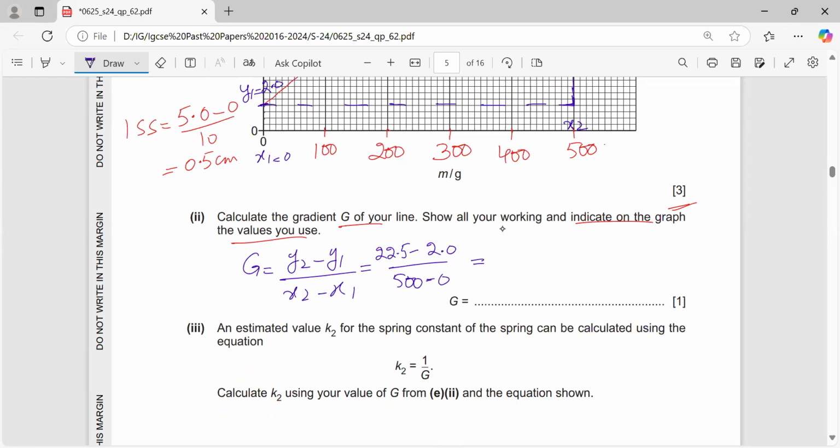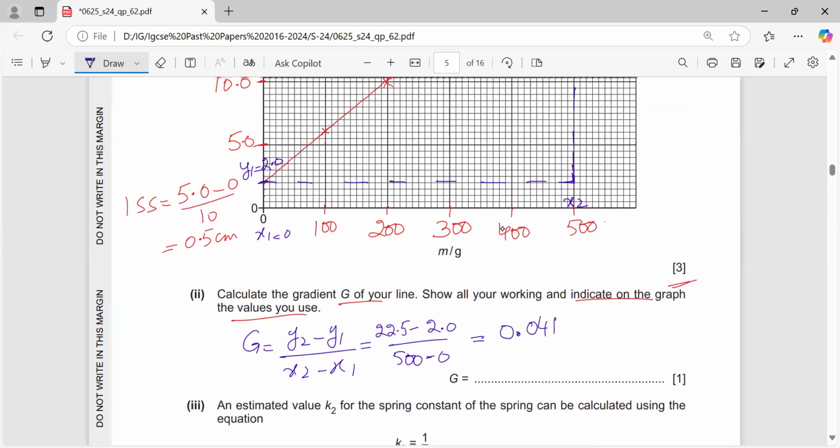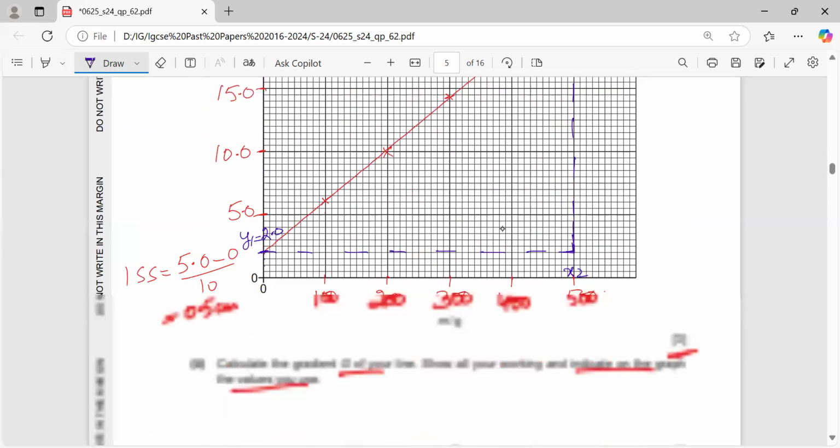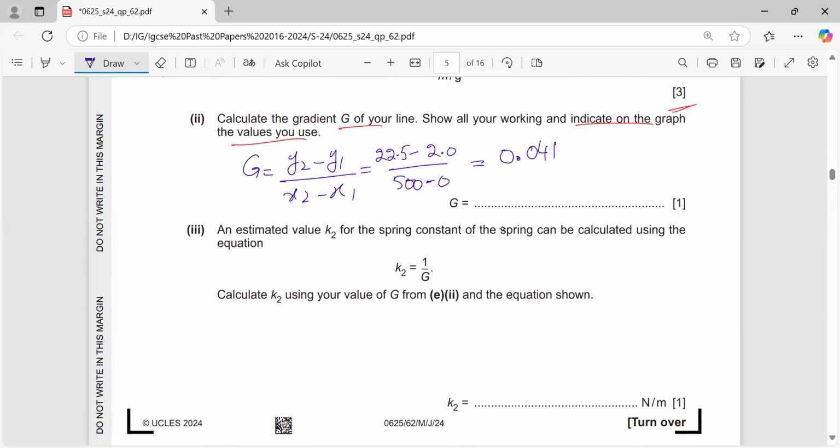So it comes to 22.5 minus 2 over 500 minus 0, and the answer is 0.041. So write it here, 0.041. No need of the unit.